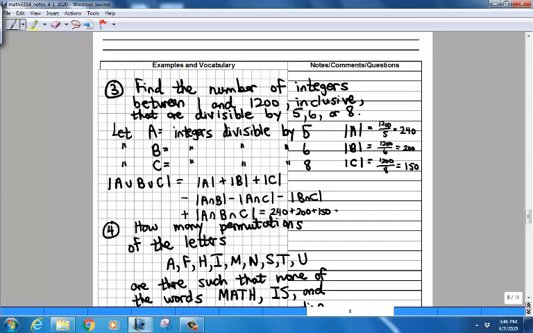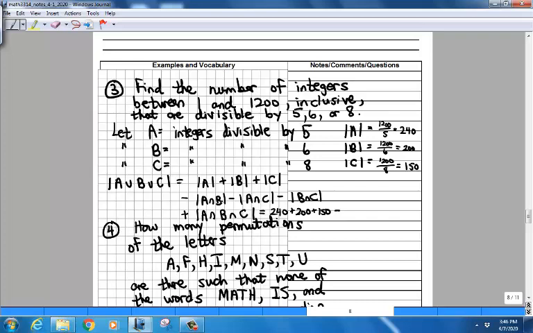Now, what do we want to subtract off? The cardinality of A intersect B. Well, look, if a number is in both A and B, that means it is divisible by both 5 and 6. But a number that's divisible by both 5 and 6 will be divisible by the product of these two numbers, which is 30.